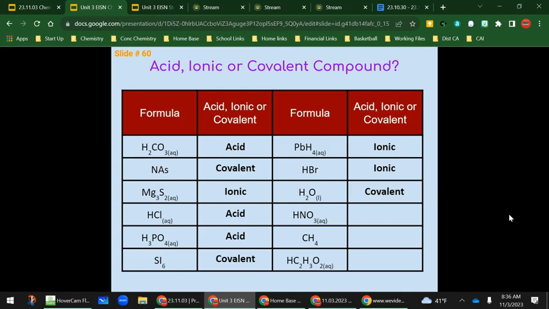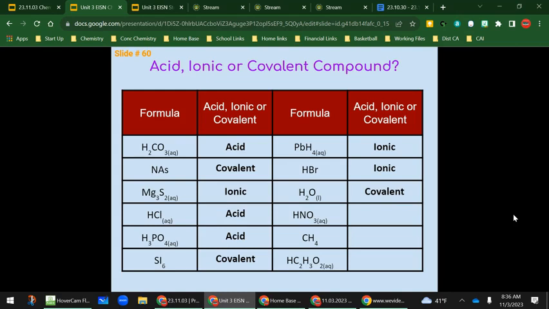Now, here's the thing, ladies and gentlemen. There are exceptions to all rules in chemistry. No exception to that rule. Water is a covalent compound. Some would say it acts ionic at times. Okay, so be it. Here's the honest to goodness truth. No compound is ever truly ionic or truly covalent. Most compounds, even if they are covalent, have a little ionic tendencies, and ionic have a little covalent tendencies.